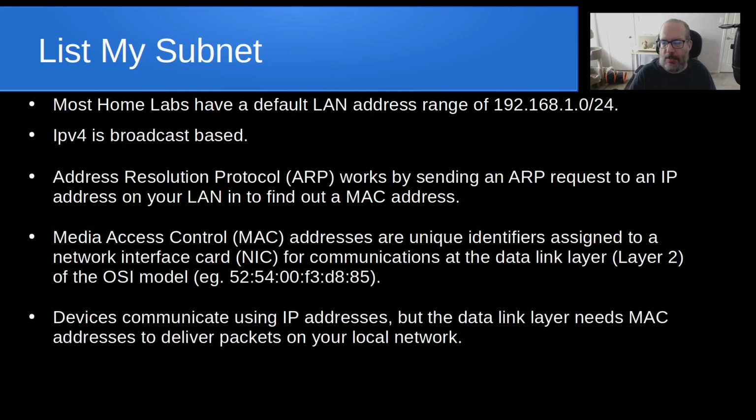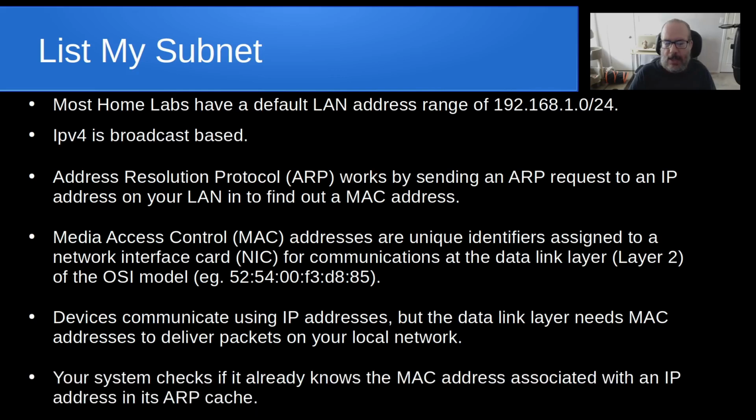So devices communicate using IP addresses, but the data link layer needs MAC addresses to deliver packets on your local area network. And so your system checks to see if it already knows the MAC address associated with an IP address.